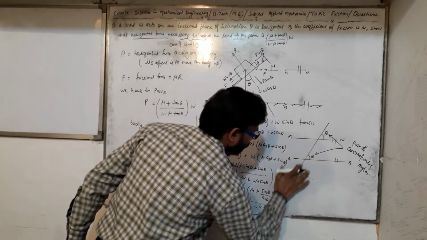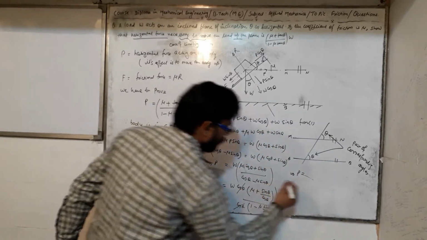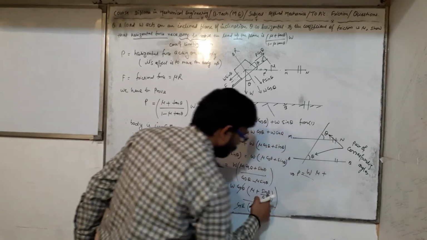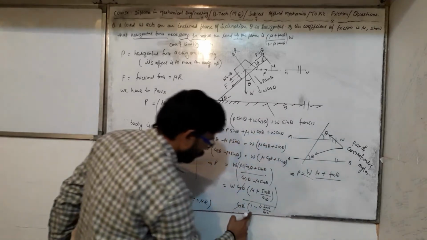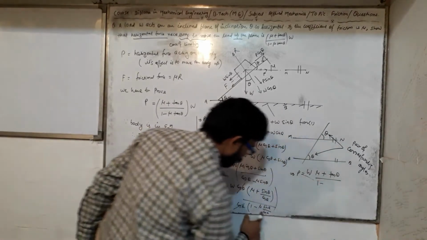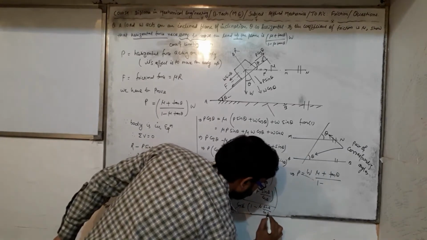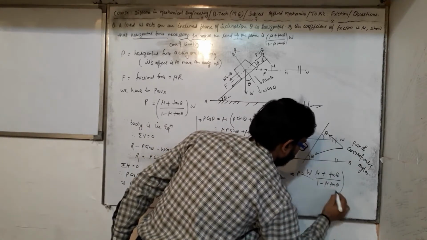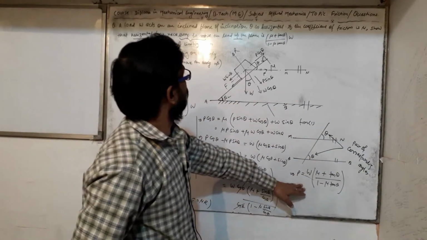So P equals W times mu plus tan theta, whole divided by 1 minus mu tan theta. Check for the required data.